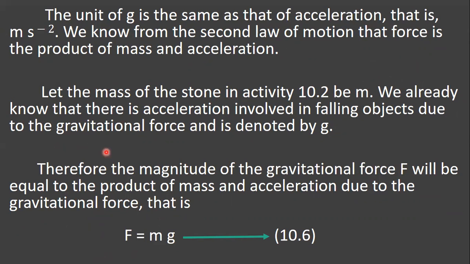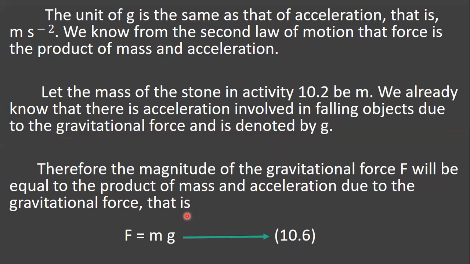Here see children, the unit of g is meter per second square, and we know from the second law of motion that force is the product of mass and acceleration, that is F equals m into a. Now let the mass of the stone in the activity 10.2 be m. We already know that there is an acceleration involved in falling objects due to the gravitational force, and it is denoted by g.